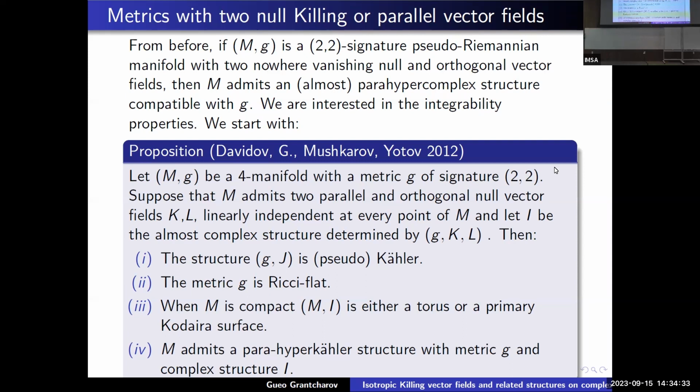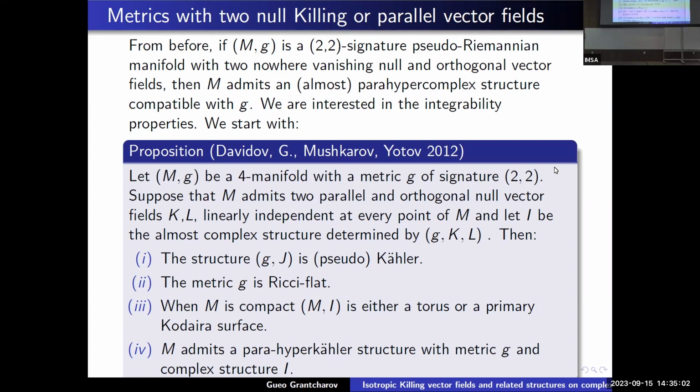The question: what happens if one needs this integrability? And the first observation that we had is if you have parallel and orthogonal vectors, which are isotropic, or null, again linearly independent, because you may have easily parallel, orthogonal, and linearly independent. This is indefinite signature.